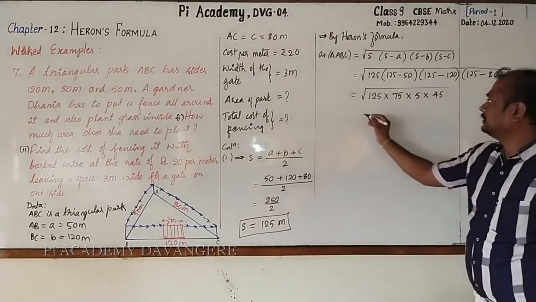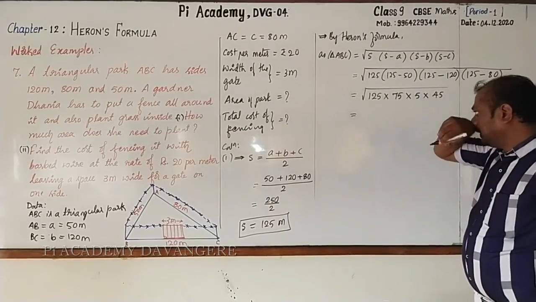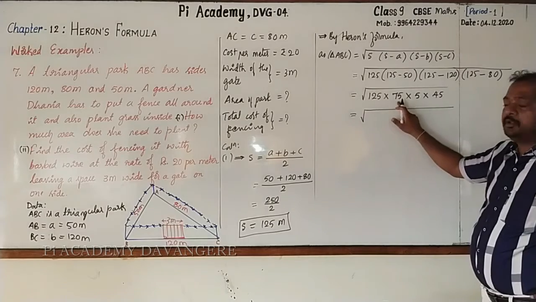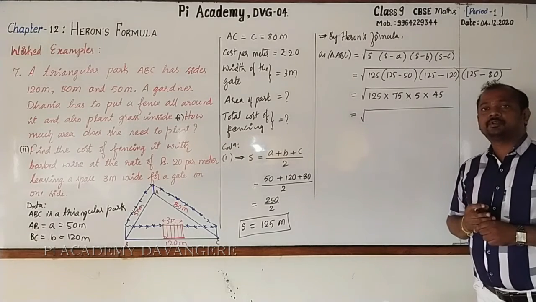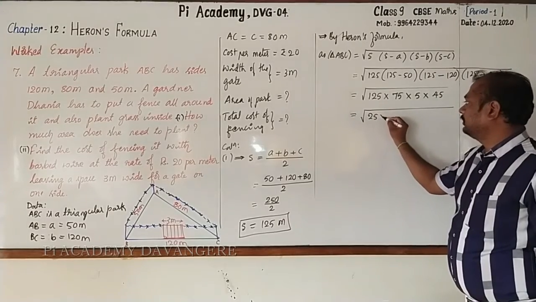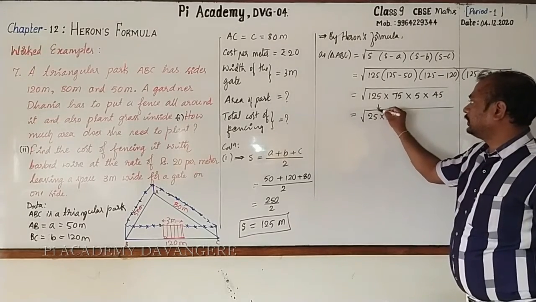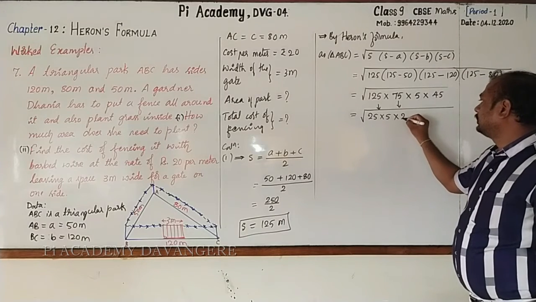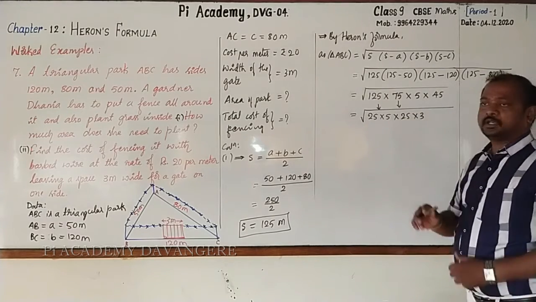Followed? Next, observe it. Here 125, here 75. Both are the multiples of 25, right? Hence we can write 25 5s are 125. Next, 75 can also be written as 25 3s are.